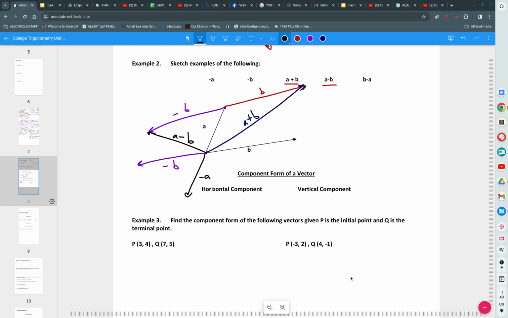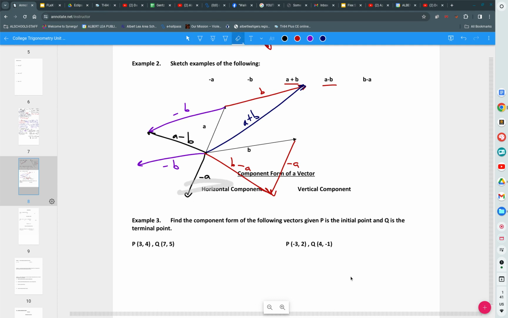You take B and attach what onto it? Negative A. So this becomes vector B minus A. Not too bad? Okay.